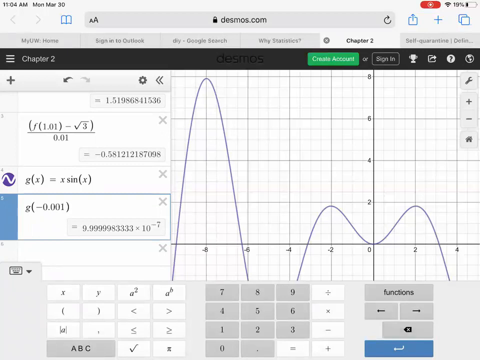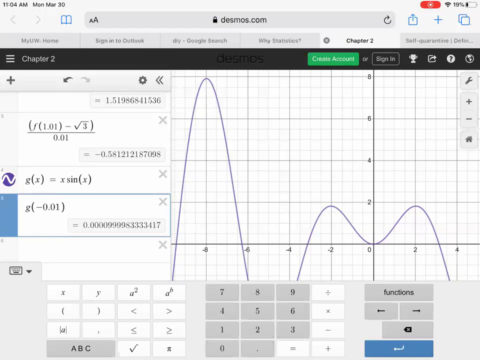If you get rid of one of the 0s, it goes up to 10 to the negative 7, right? And if you get rid of another 0, it goes up to 9.99 times 10 to the negative 5.